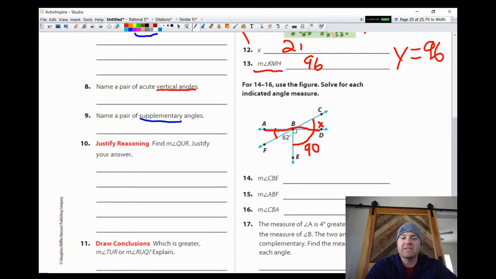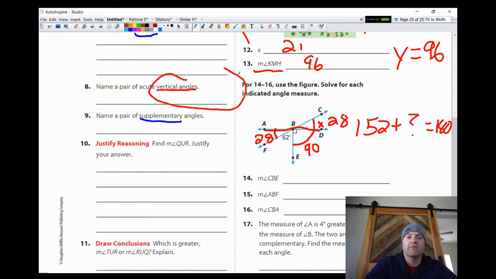Well, 90 plus 62 gives me 152, plus something equals 180. I know that something has to be 28. So this little piece has to be 28, which means this little piece over here is 28 because they are vertical angles.